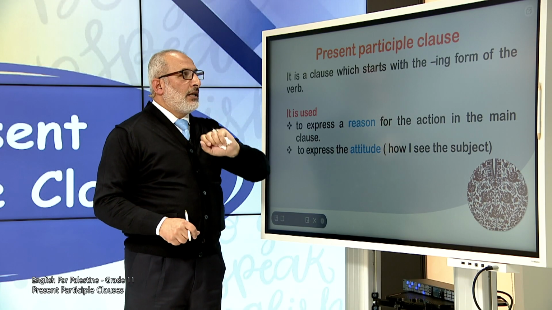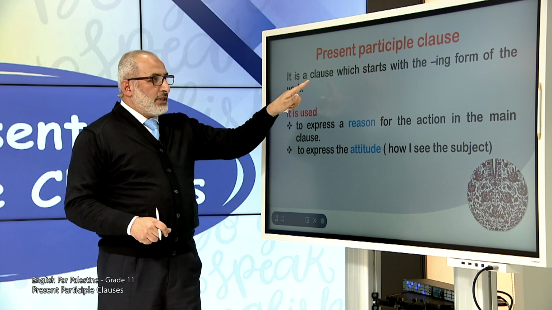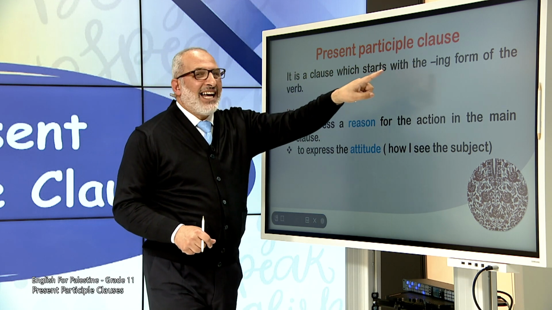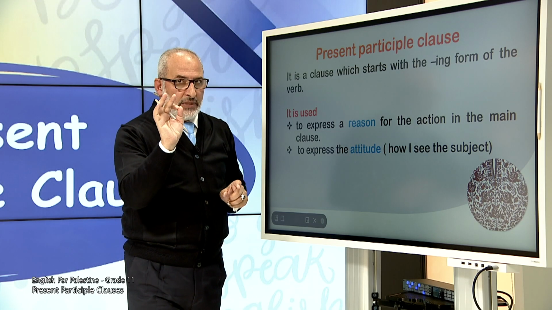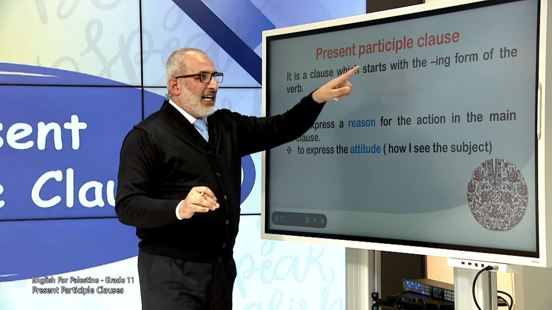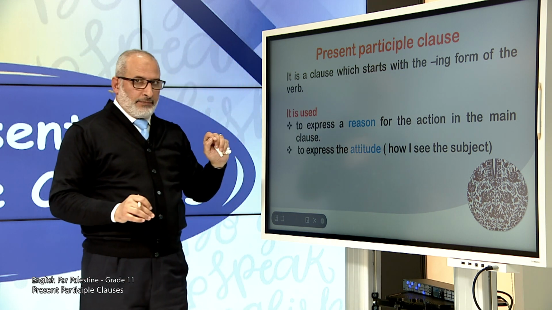What is a present participle clause? It is a clause, and remember, it is a dependent clause that starts with the ing form of the verb.